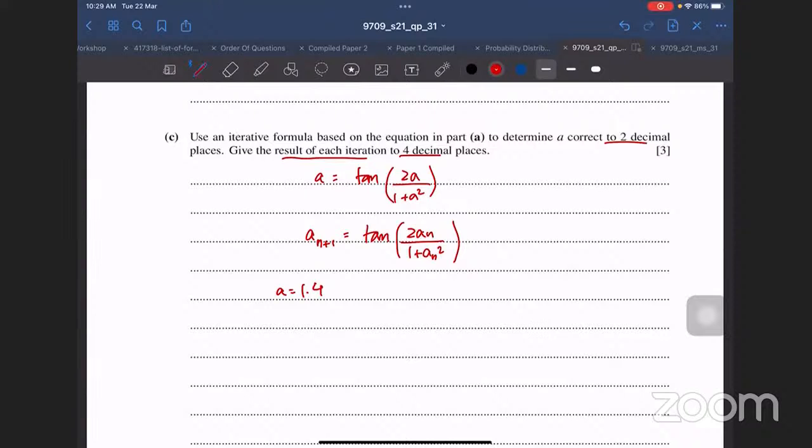I need to have my calculator in radians again. Tan of answer over 1 plus answer squared.